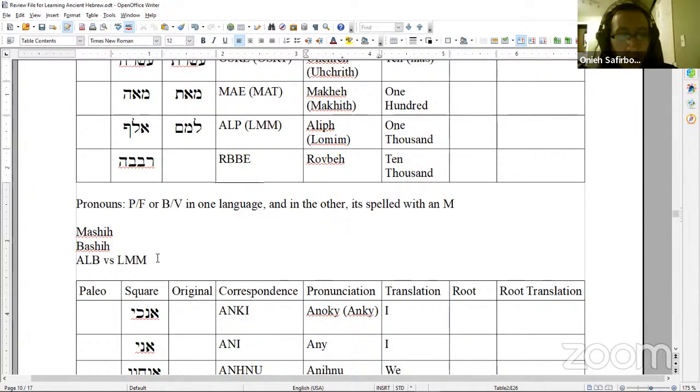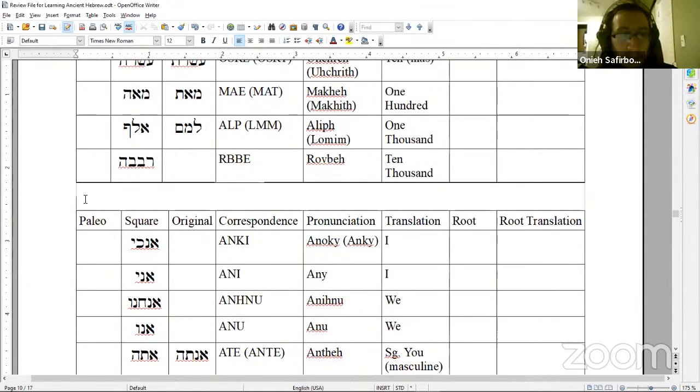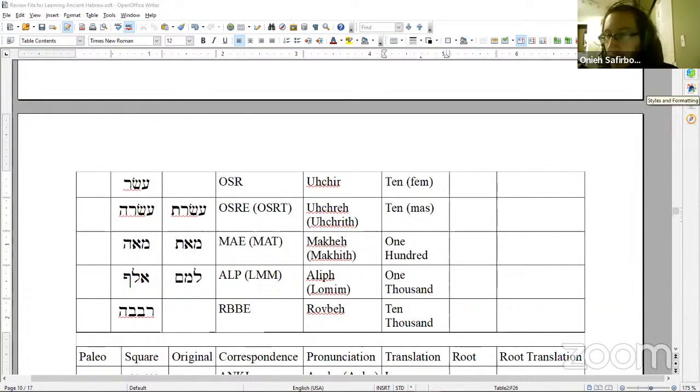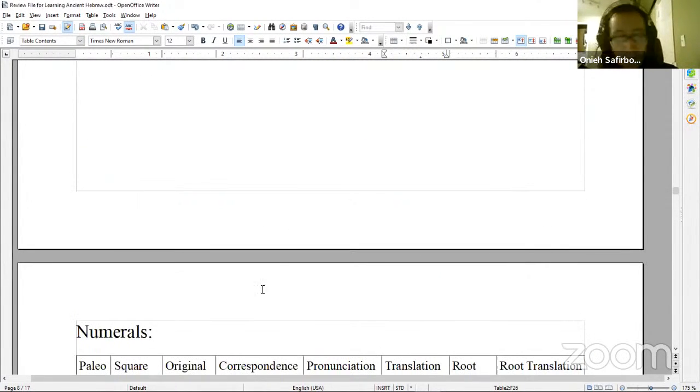Okay, and then we have Rava, which is 10,000. Then, okay, this is numerals.